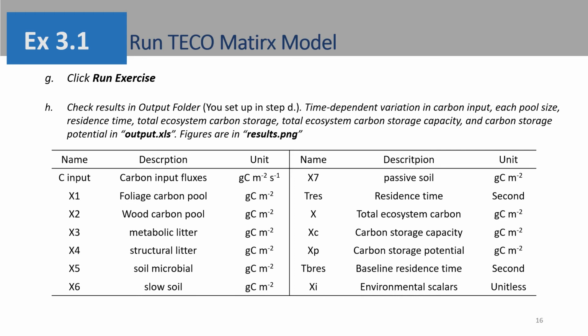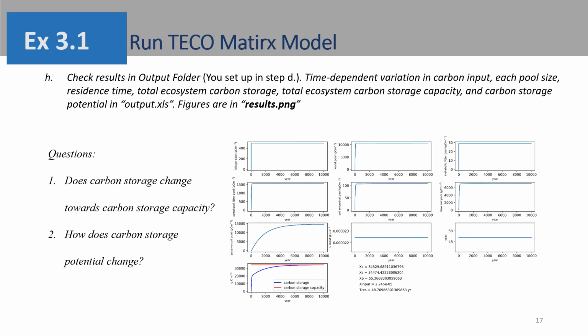The output file, the Excel file, contains annual results in carbon input, 7 carbon pools, and the diagnostic outputs. The diagnostic outputs include the residence time, total equivalent carbon storage capacity, and the carbon storage potential. The graphic and the result summary will be in results.png.